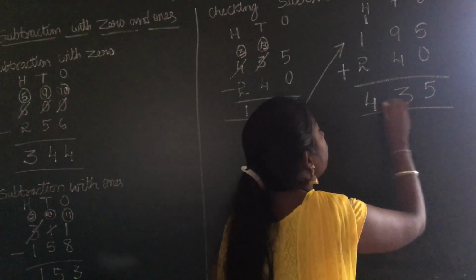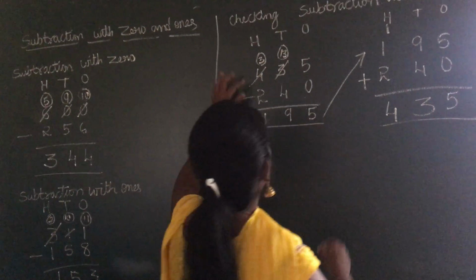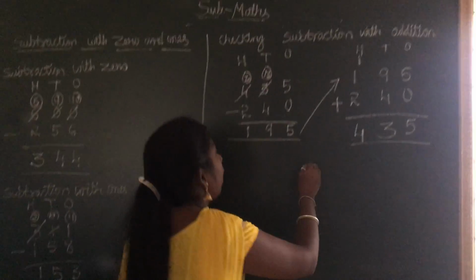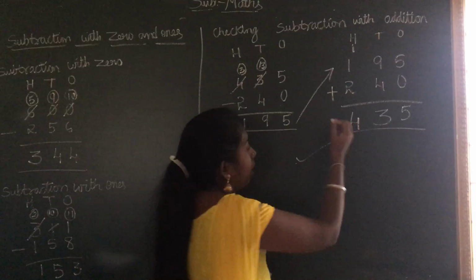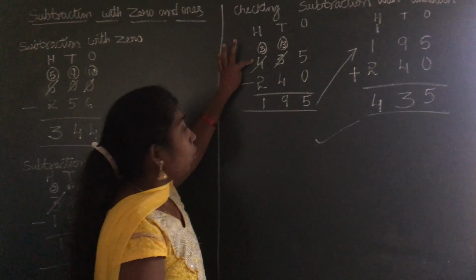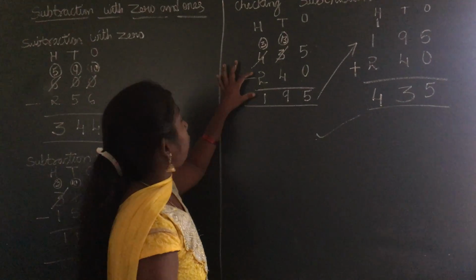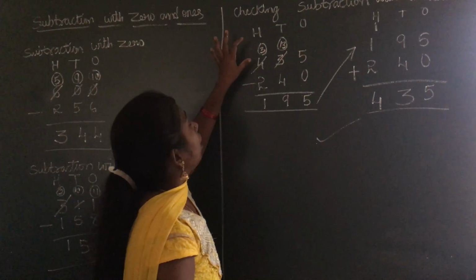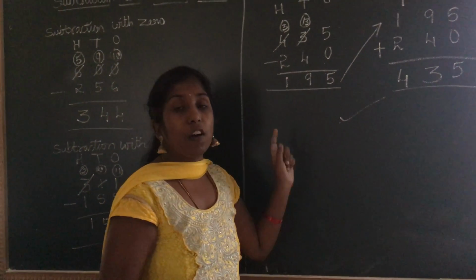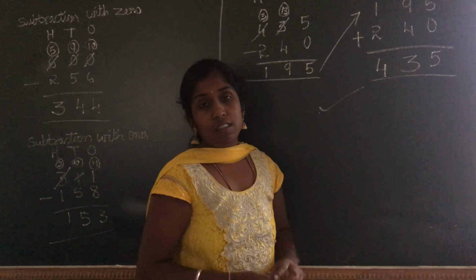So what's the answer? 435. Here what's the answer? 435. Hence the answer is correct. Understood? We have to get this answer, then only it is correct. If we add both numbers and get this number, it is the correct answer, or else it is wrong. Understood? Thank you.